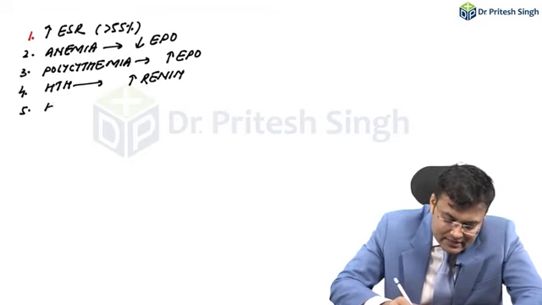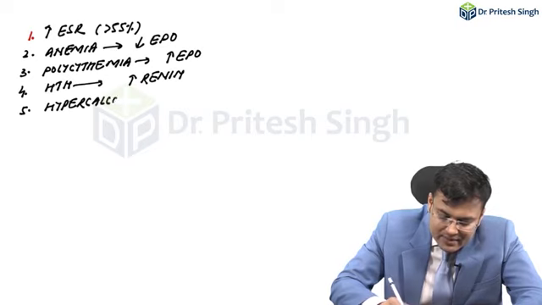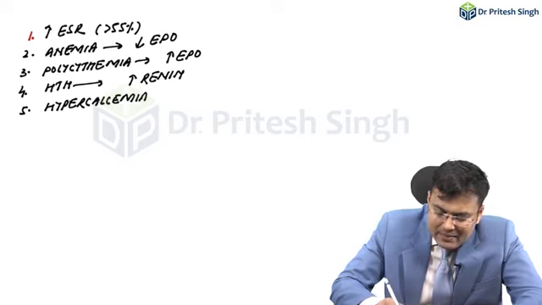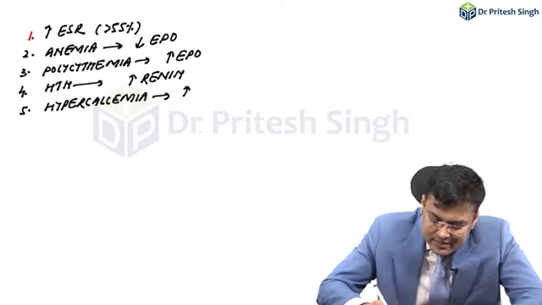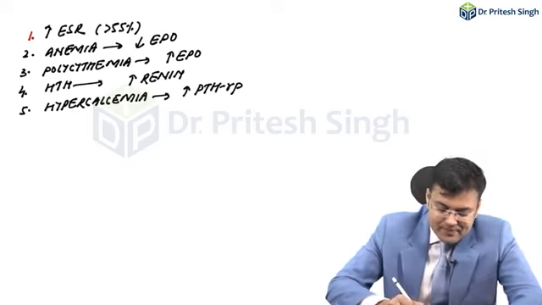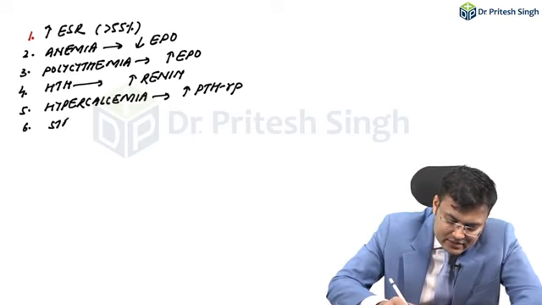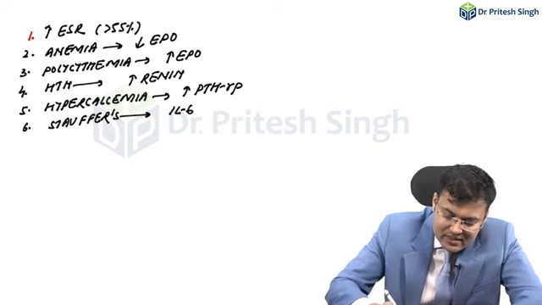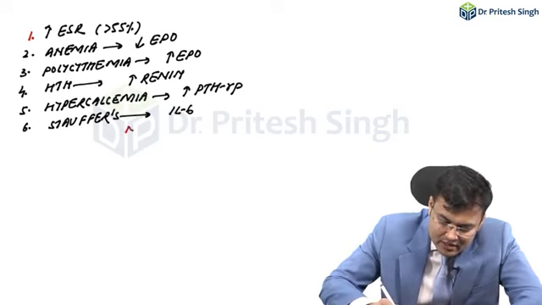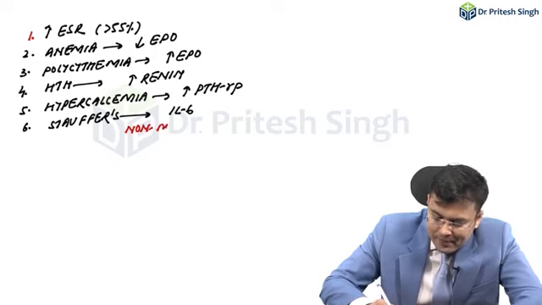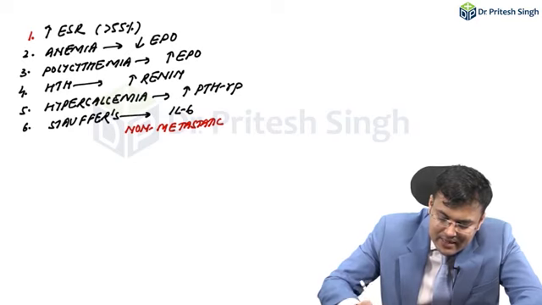After that, there is hypercalcemia, and this hypercalcemia is because of increased production of parathyroid hormone related peptide. And sixth, there is Stauffer syndrome. This Stauffer syndrome is because of IL-6, and this is non-metastatic hepatic dysfunction.